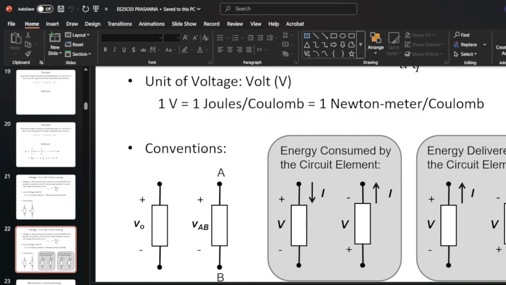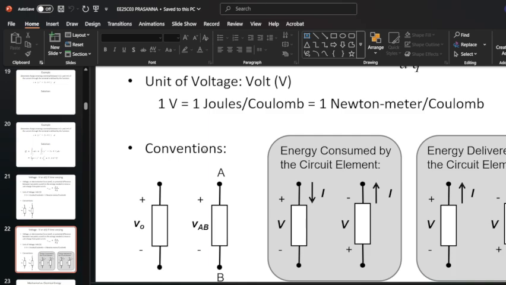Suppose the current direction goes from the positive charge to the negative charge, positive to negative, in that sense energy consumption happened.